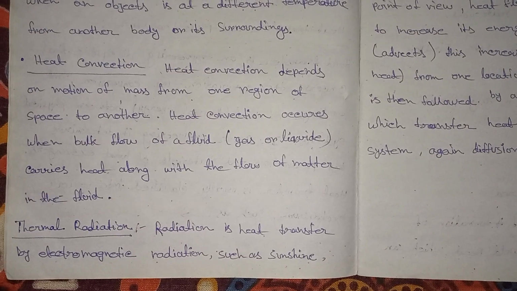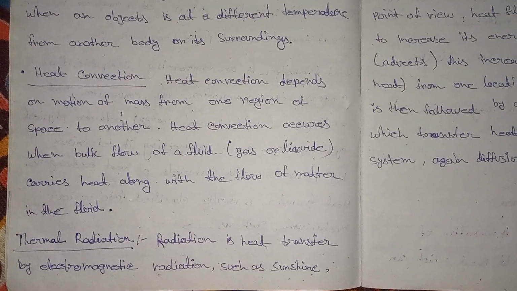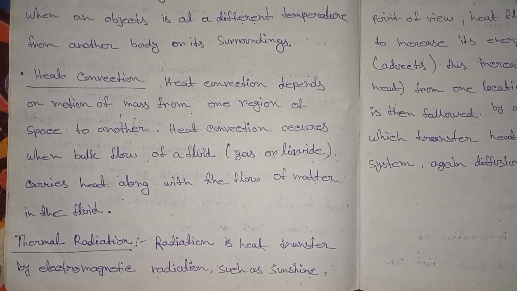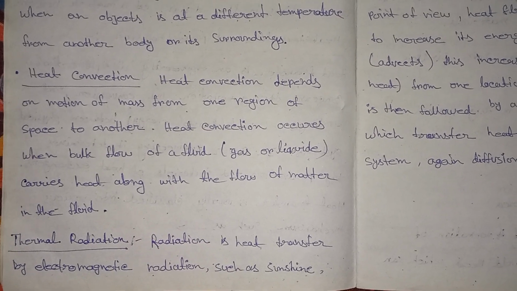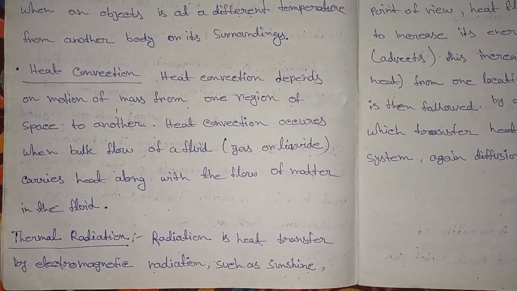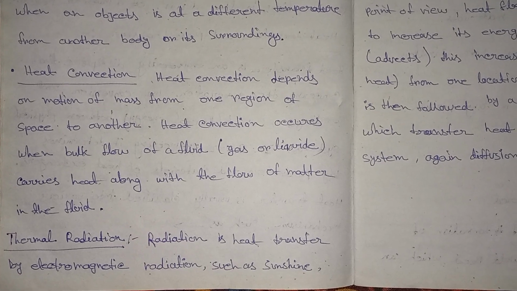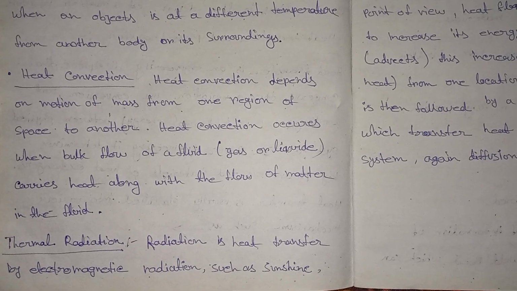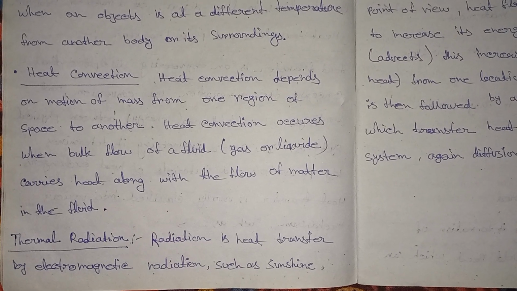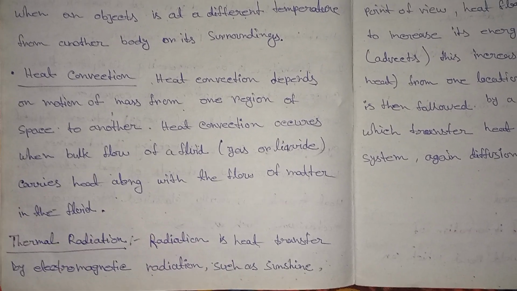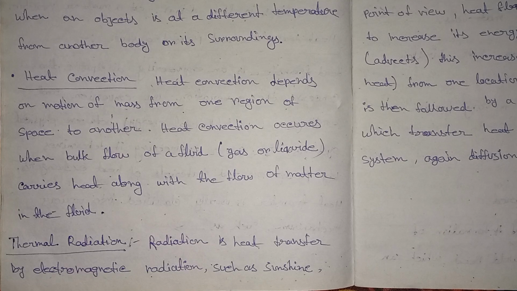Heat convection. Heat convection depends on motion of mass from one region of space to another. Heat convection occurs when bulk flow of a fluid (a gas or liquid) carries heat along with the flow of matter in the fluid.